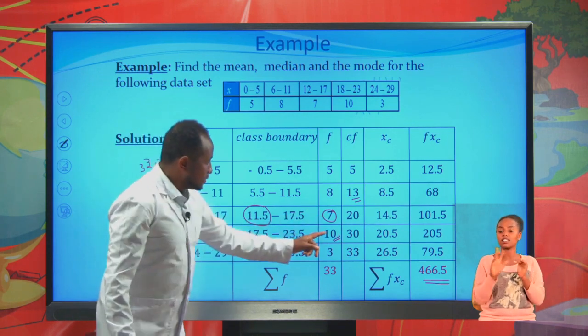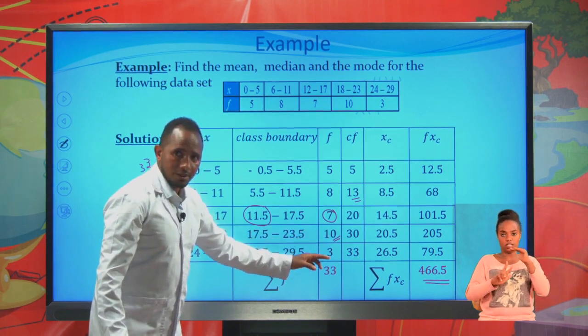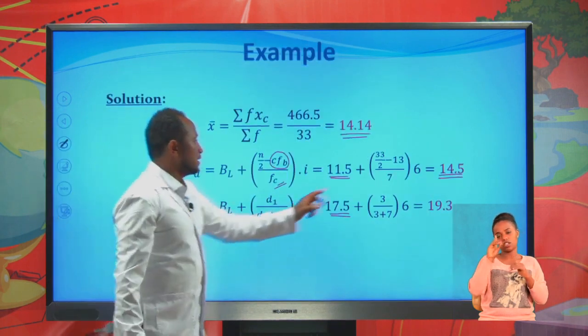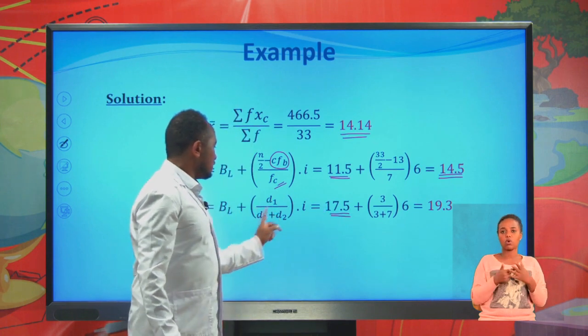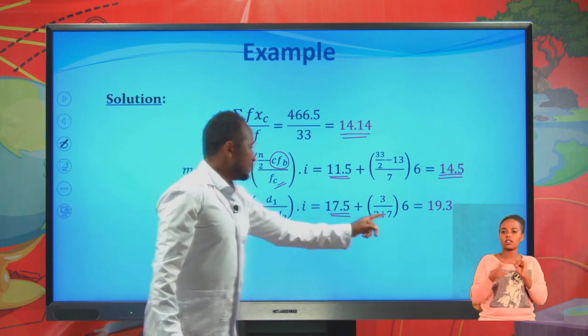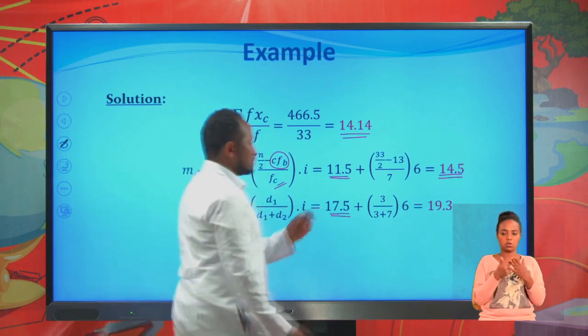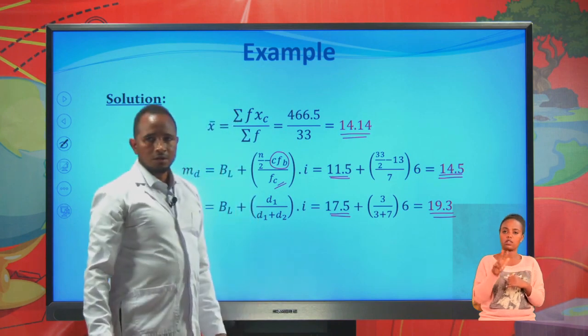And D2 is simply the difference between 10 and the succeeding class 3, so D2 is 7. So D1 is 3 and D2 is 7. So 3 over 3 plus 7. I is similar to the above one, it is 6. So when you evaluate this one, you get 19.3. So this is it.